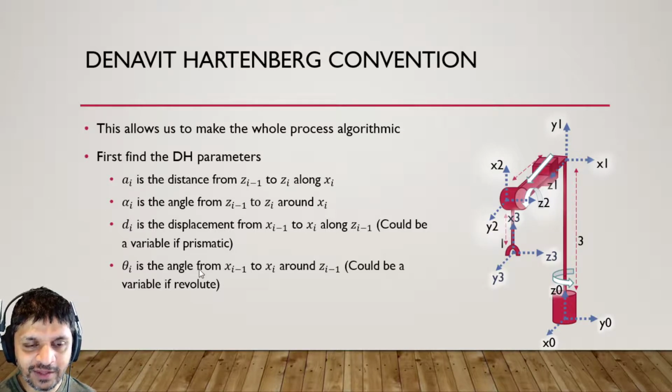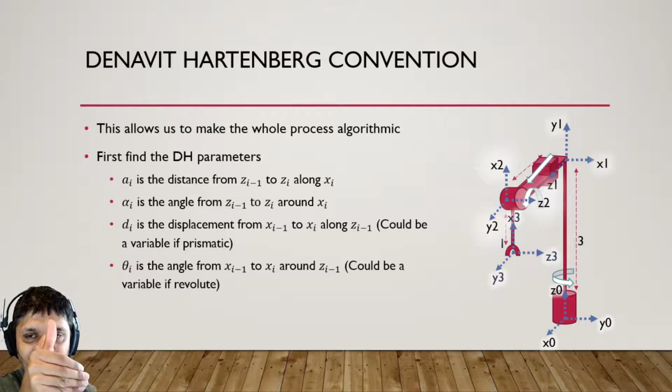And theta is the angle around zi minus 1 to go from xi minus 1 to xi. So in this case, if I look at this x and this x, I've got my z pointing up and my x pointing out of the screen. To get it to point to the right, I need to rotate by 90.